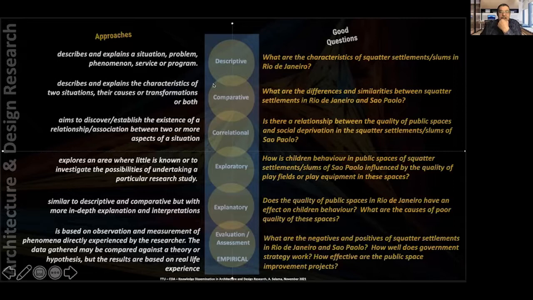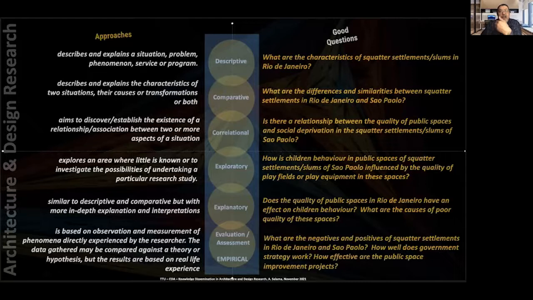And then there is a relevant question to this. The associated question would be, for example, if we take squatter settlements in Brazil, what are the differences and similarities between squatter settlements in Rio and in Sao Paulo? That's a question that is relevant to comparative research, and so on.